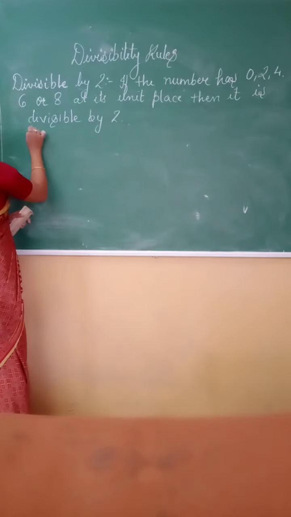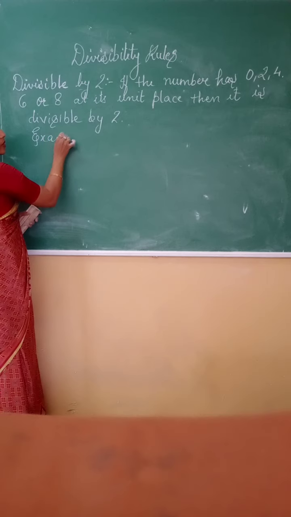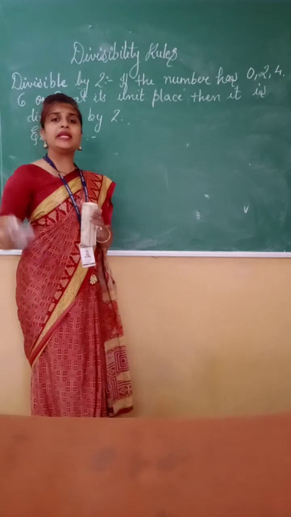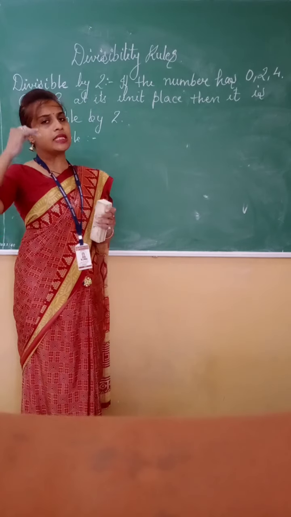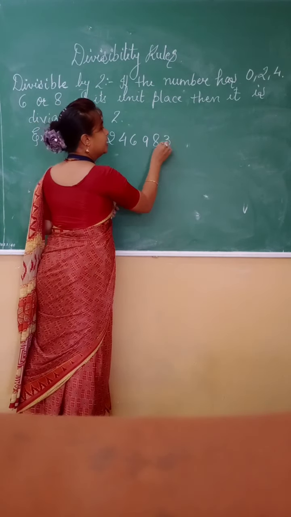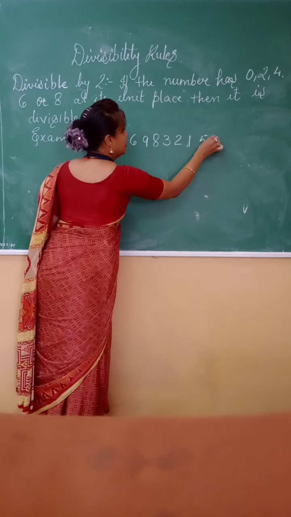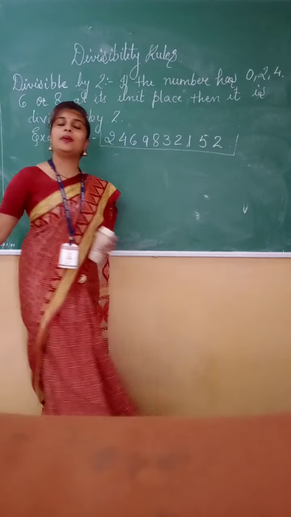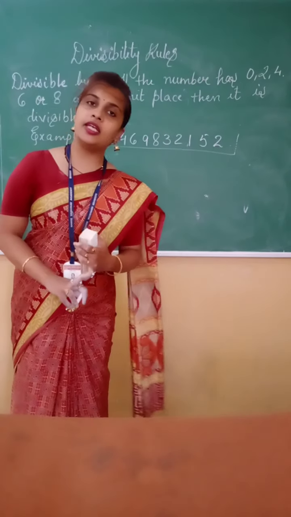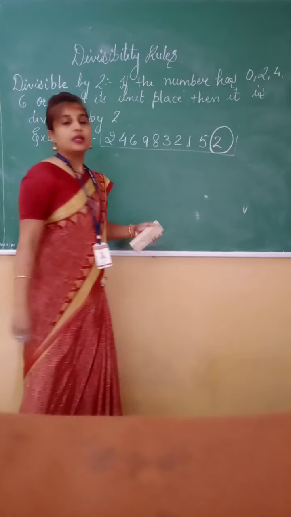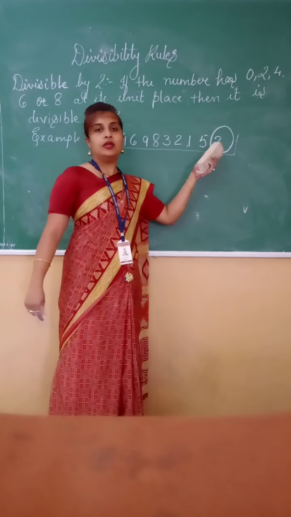For example, any number we can take in hundreds, thousands, lakhs, crores, in any way. Suppose we have the number 2, 4, 6, 9, 8, 3, 2, 1, 5, 2. To check whether this number is divisible by 2 or not, we only have to see the unit place. This unit place contains 2.